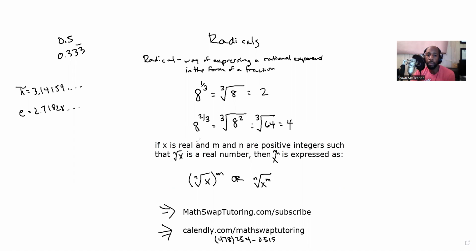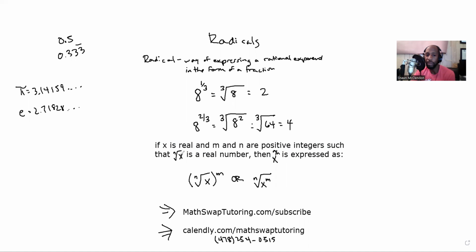If X is a real number, and M and N are positive integers such that when you take the nth root of X, it's still a real number. In other words, that means that whatever X is, either N is an even number and then X can be positive or negative, or if X is negative, then N is going to be some sort of odd number, because you can take the cube root of a negative number.